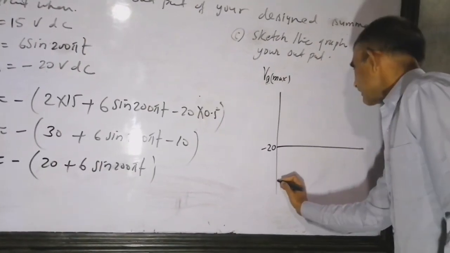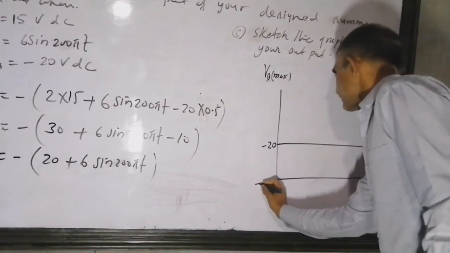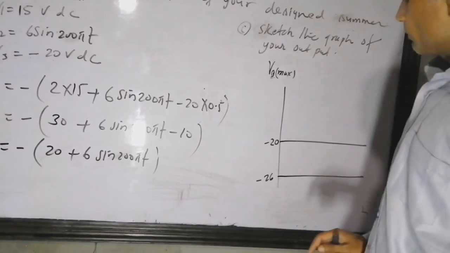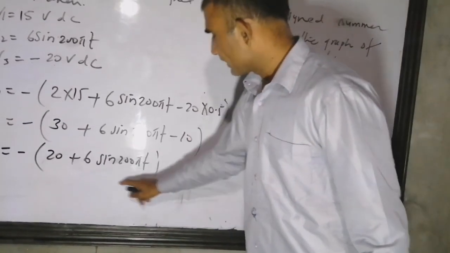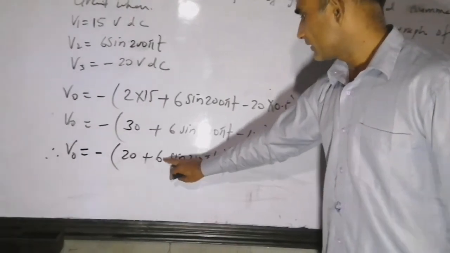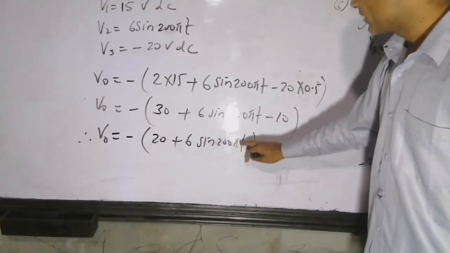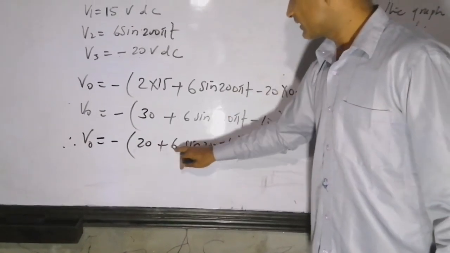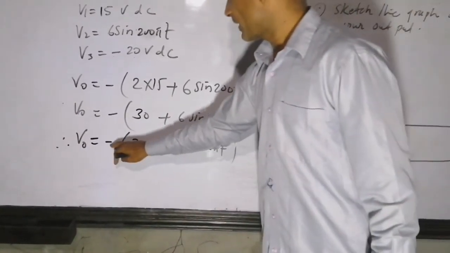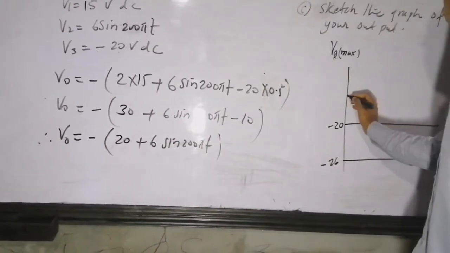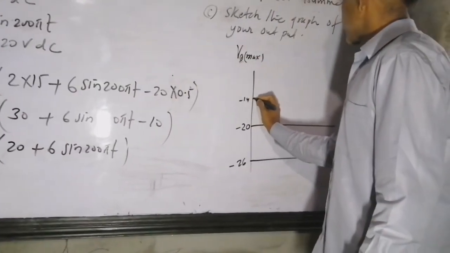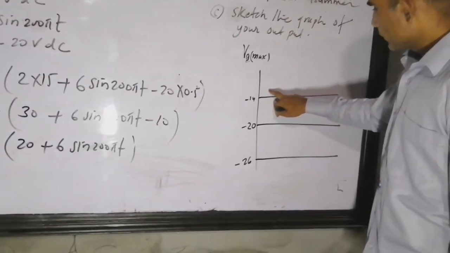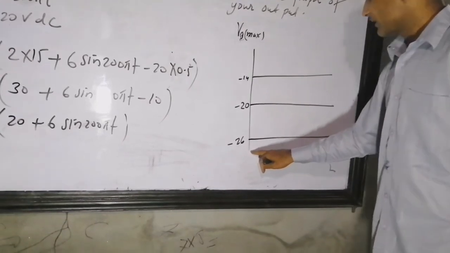So the minimum value I get here is minus 26. And the maximum value, how much does it become? The minimum value of sin 200 pi t is minus 1, so 6 times minus 1 is minus 6. 20 minus 6 is 14, and again there is a minus, so minus 14. So this is the maximum value, minus 14, and the minimum value, minus 26.